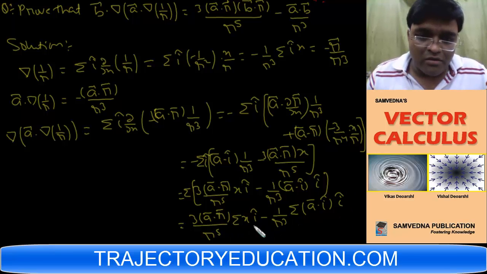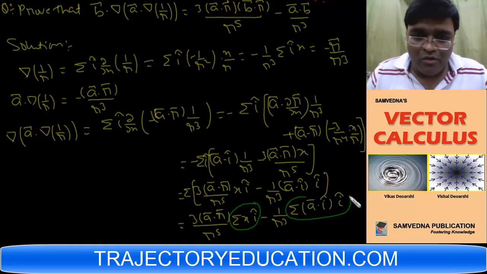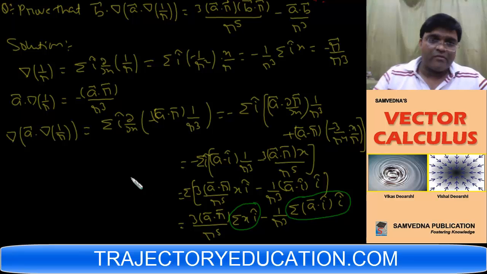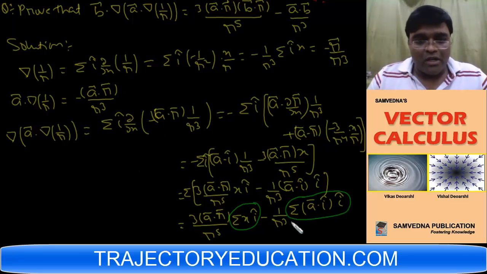So tell me, what is this equal to? This is equal to R. And what is this equal to? This is equal to vector A. You remember what I told earlier in the beginning.